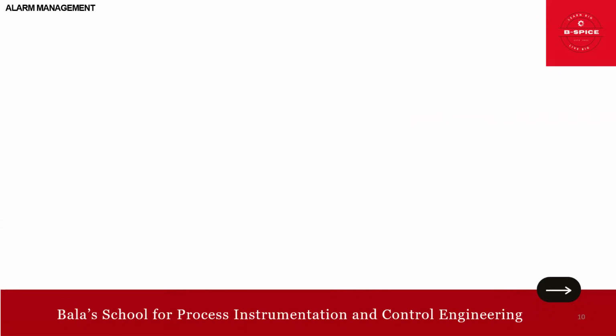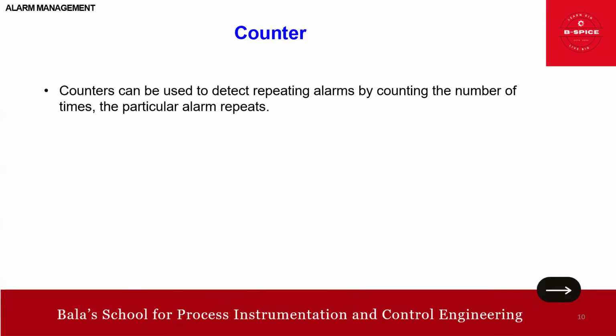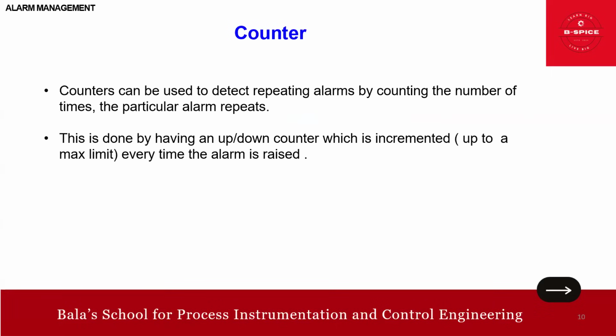Then another aspect is the counter. Basically, counters can be used to detect repeating alarms by counting the number of times a particular alarm repeats. This is done by having an up and down counter which is incremented up to a maximum limit every time the alarm is raised.